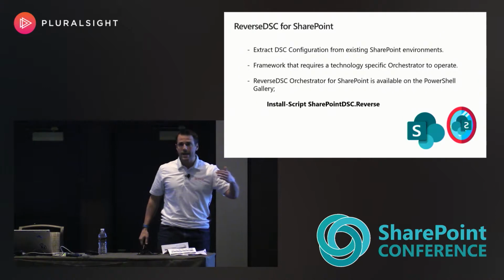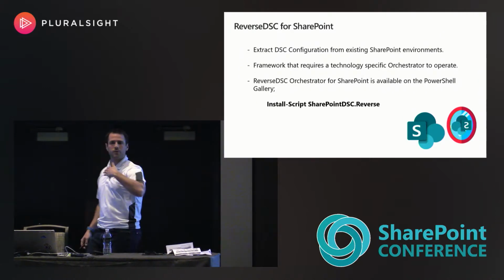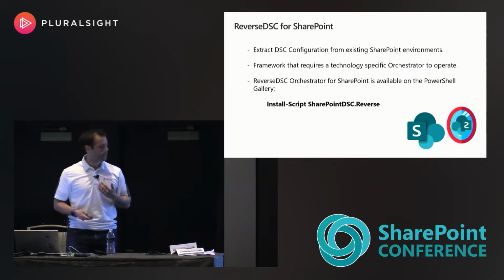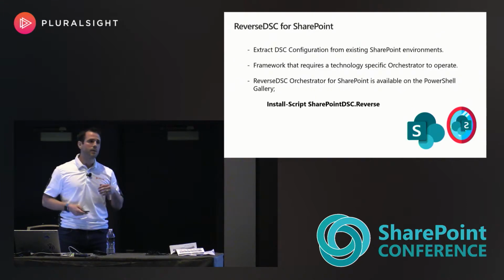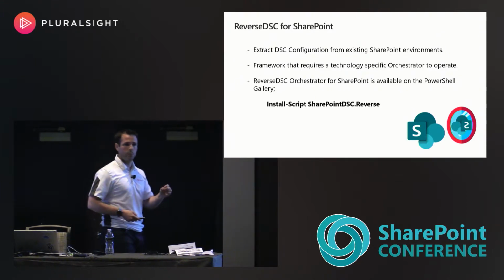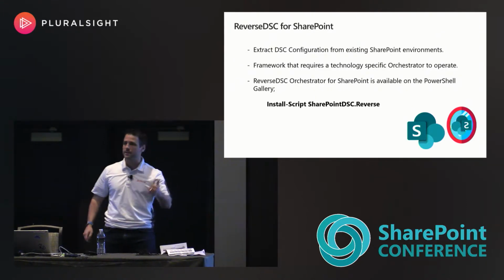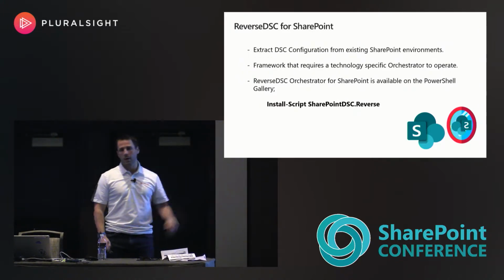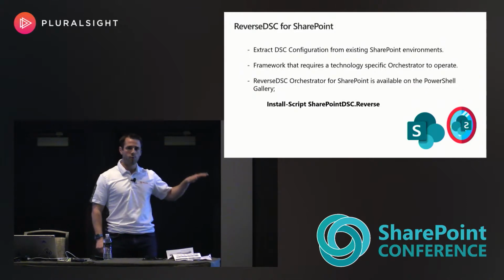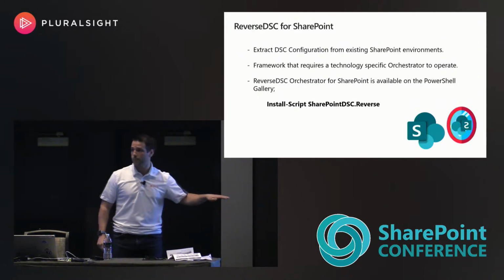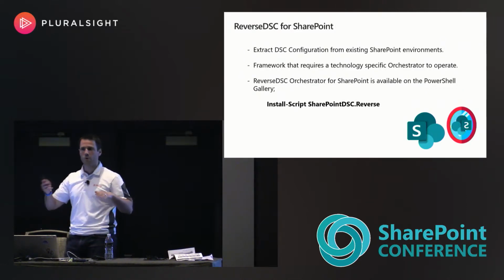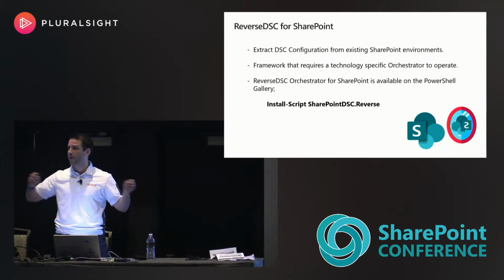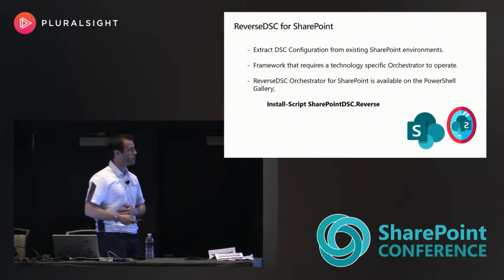And it gives you that option to extract the configuration out of your existing environment. Reverse DSC is not specific to SharePoint. We have reverse DSC for IIS, for SQL Server, for AD, and we have one for SharePoint. I'm going to be honest, the one we have for SharePoint is probably the more mature one. The other ones work, but they don't have full feature parity with the actual DSC modules.